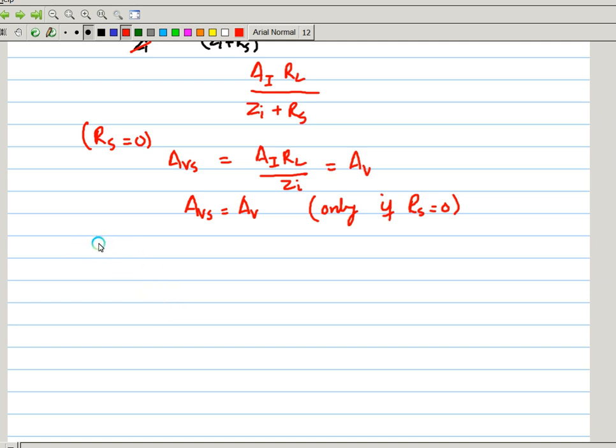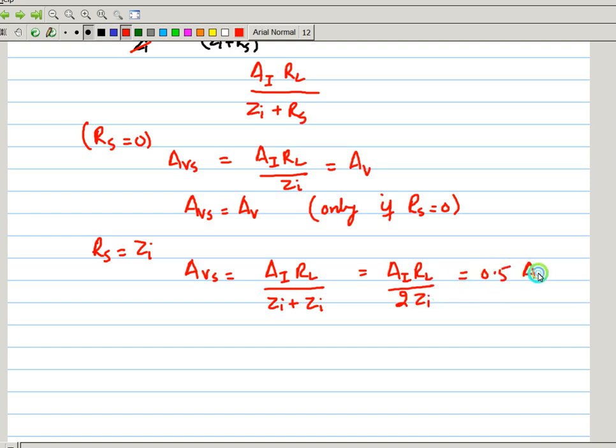But if Rs is equal to Zi, then AVs will be equal to AI into RL upon Zi plus Zi. So that is AI into RL by 2 Zi, that is 0.5 AV.